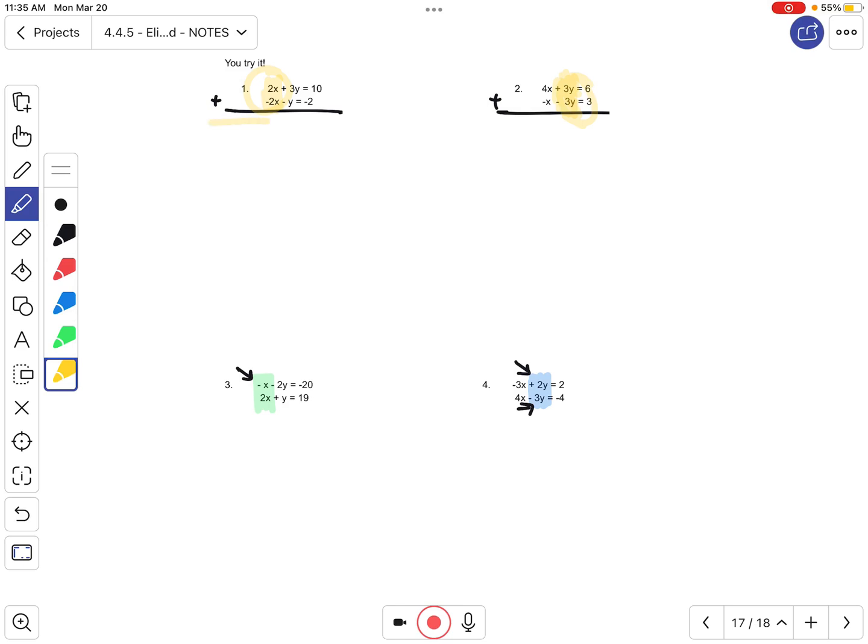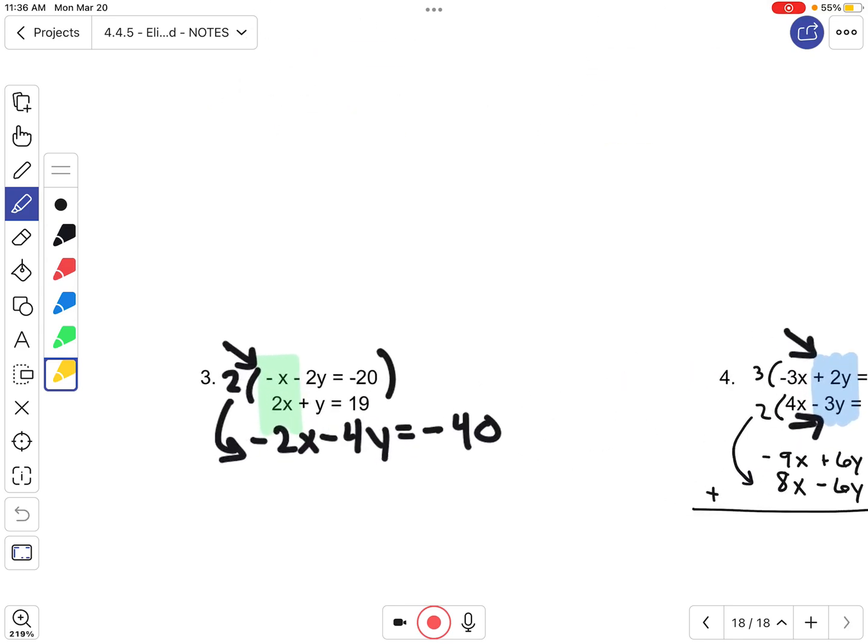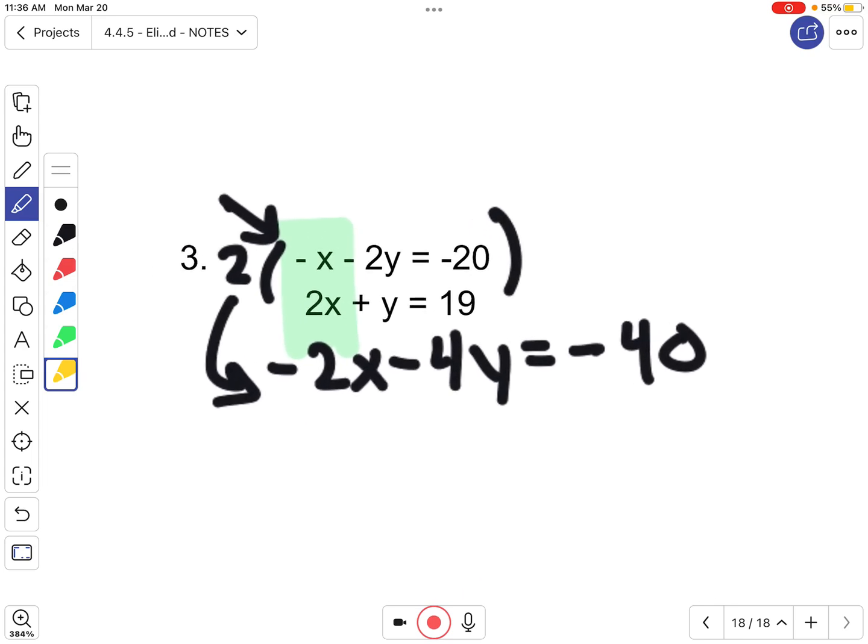But I want to look at number 3 and 4. Number 3, they're still lined up, but I don't have anything that is already an opposite. I chose the x's. It doesn't actually matter. You could have worked with y's either. So let's look at number 3. I had a negative 1x and a positive 2x.